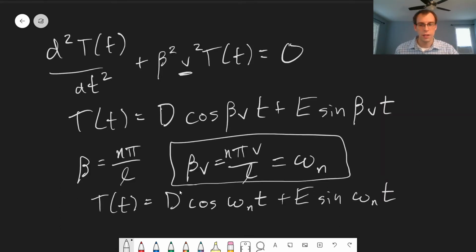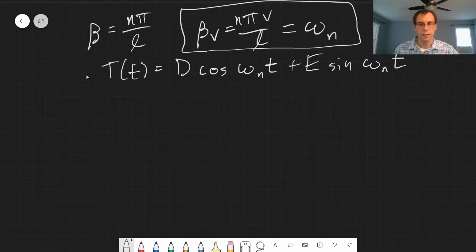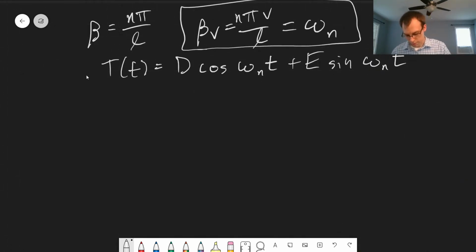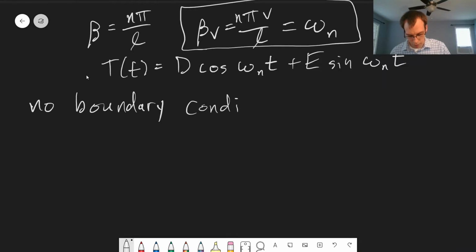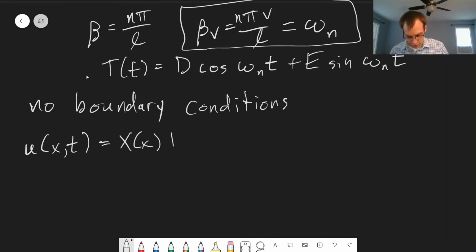Now, unlike the x part, the t part has no boundary conditions. The only boundary conditions we had were for the x part of the equation. And so we're done. We don't have to satisfy any boundary conditions. So we have figured out the entire u of x of t is just X of x times T of t, and we know what those are.